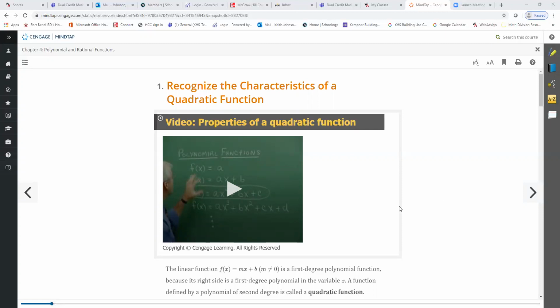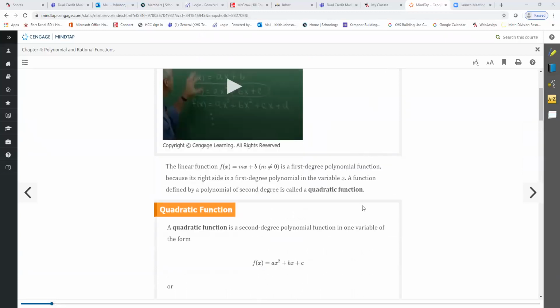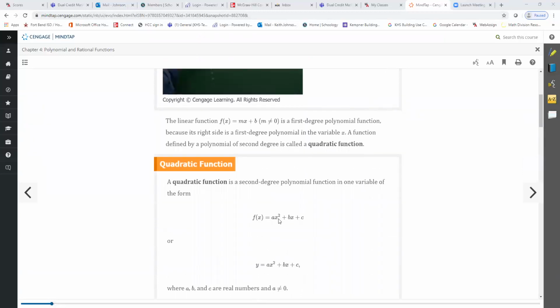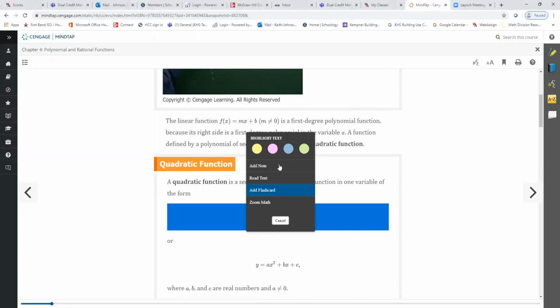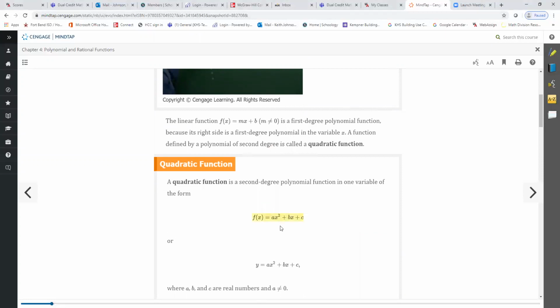Okay, so chapter 4 is about polynomials, and there's quite a bit of things we're going to be dealing with. In these polynomials, we're not going to be dealing with linear anymore. We're going to start with quadratics. And if you remember, a quadratic function has to have an x squared to it. So when we look right here, anything with a square in it, highest exponent, highest degree, is a quadratic.